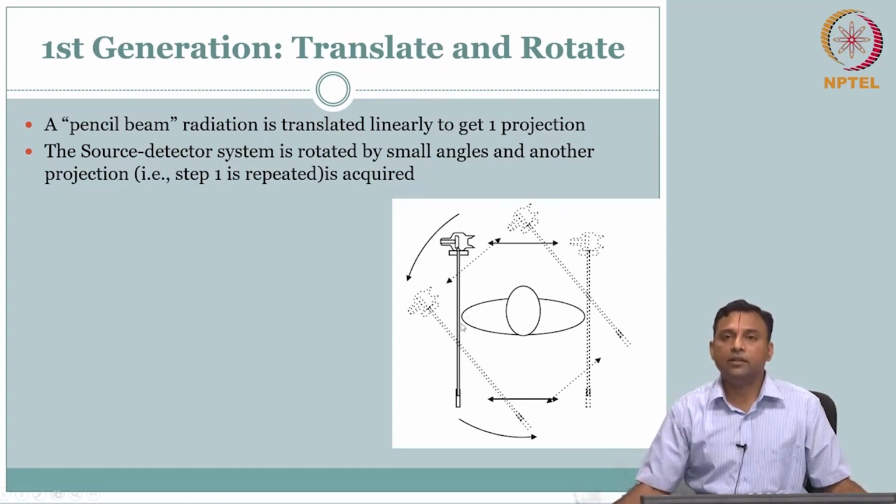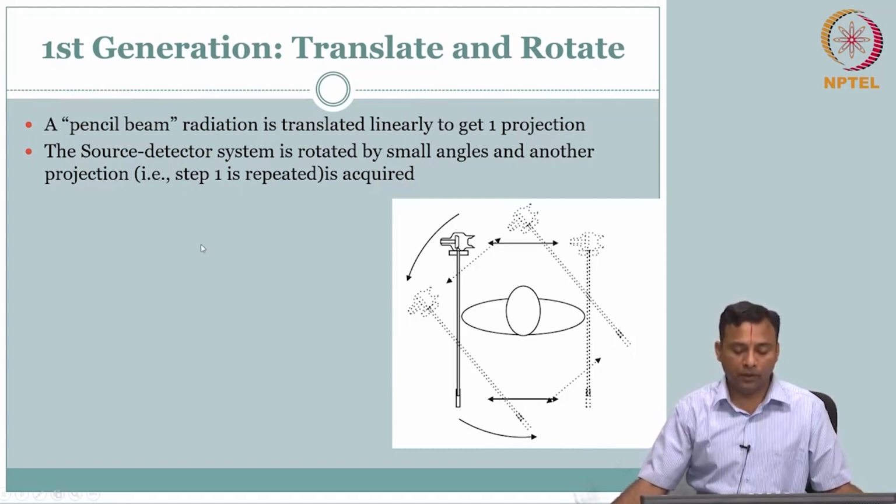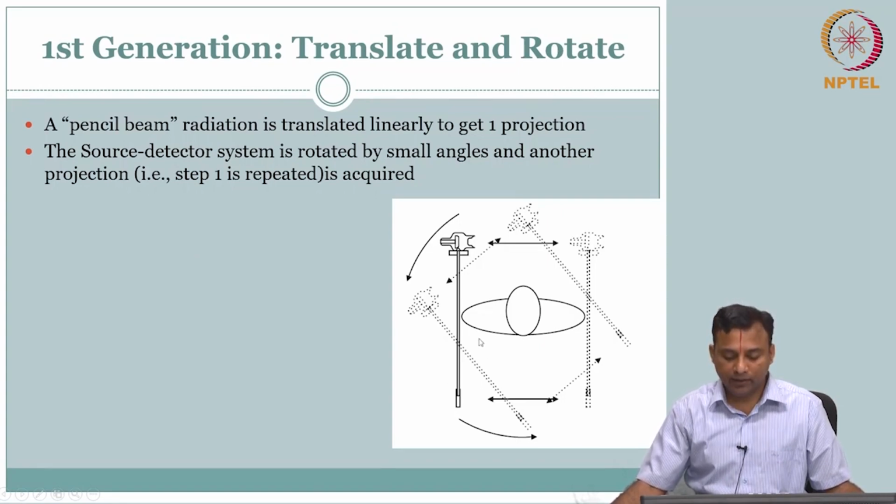So this is your first generation setup. What is the advantage? It is brute force, but you know the physics: if I send here and receive here, the attenuation is only along this line path.